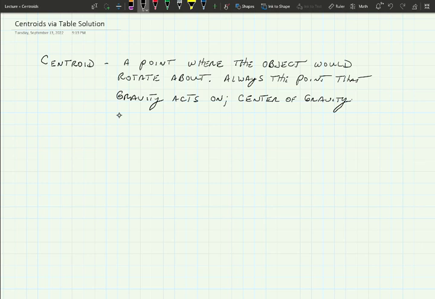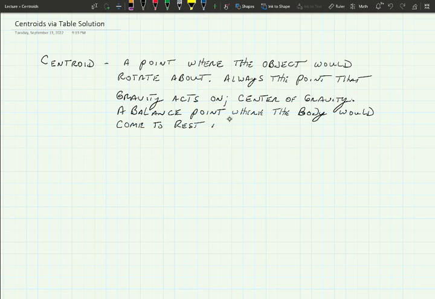You can think of a centroid as a balance point where the body would come to rest if there was no motion.